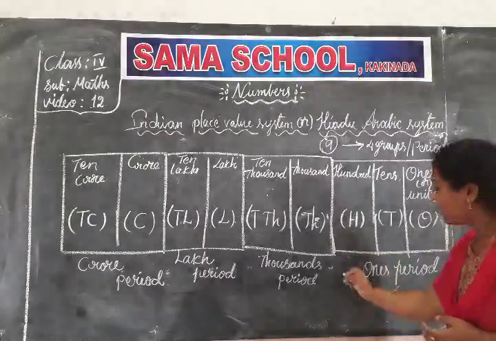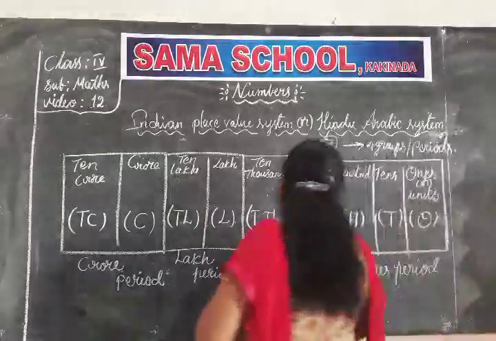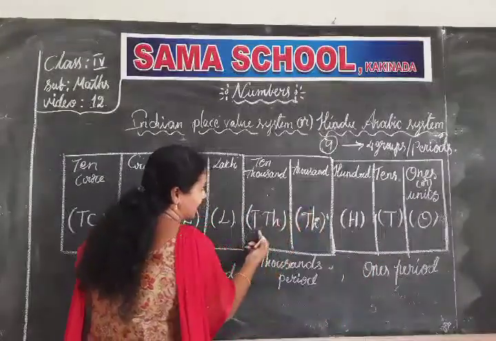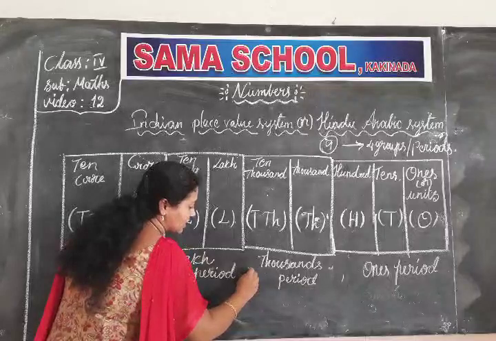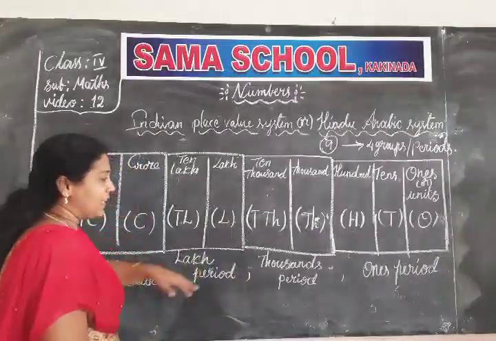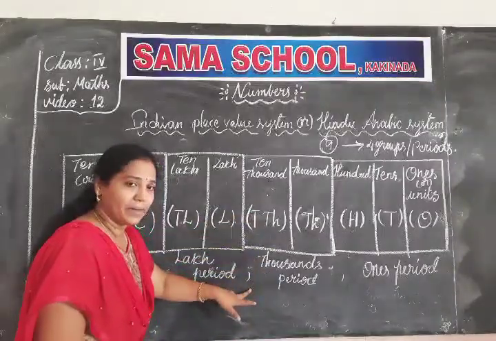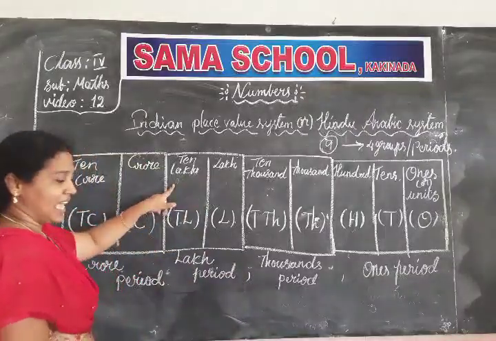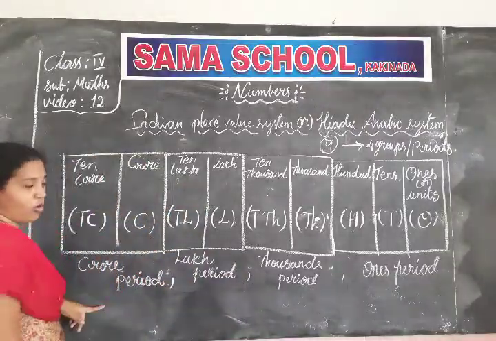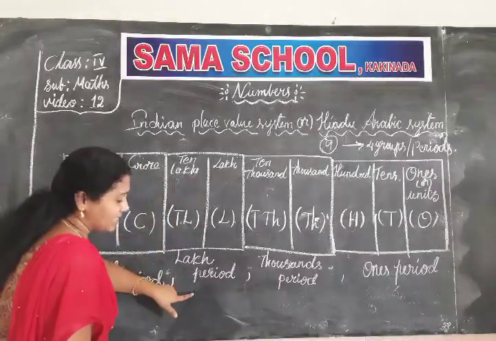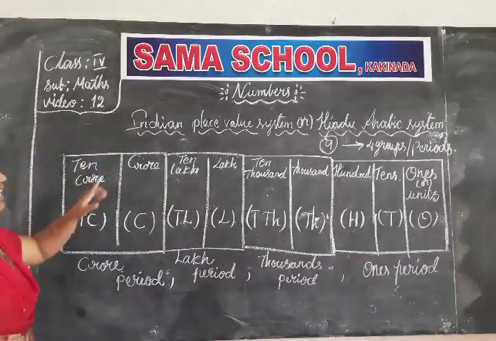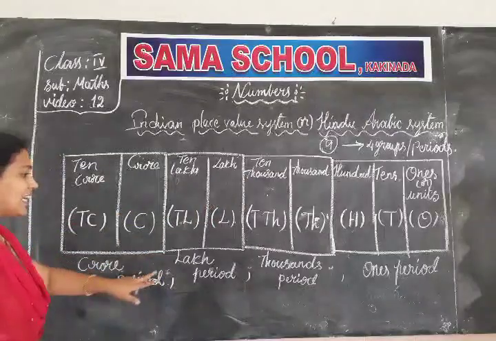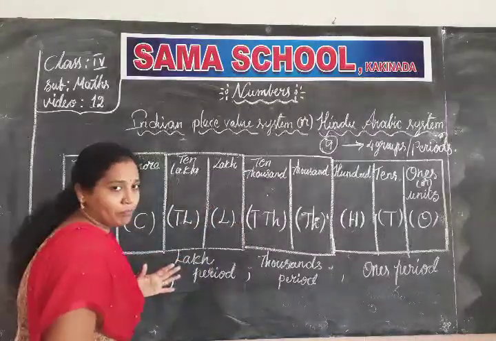After the ones period, we insert a comma. Thousands, ten thousands. After ten thousands, we keep a comma. It means the thousands period is completed. Lakhs, ten lakhs. After that we keep a comma. Here, the lakhs period is completed. As per the periods, we insert the commas in between the periods.